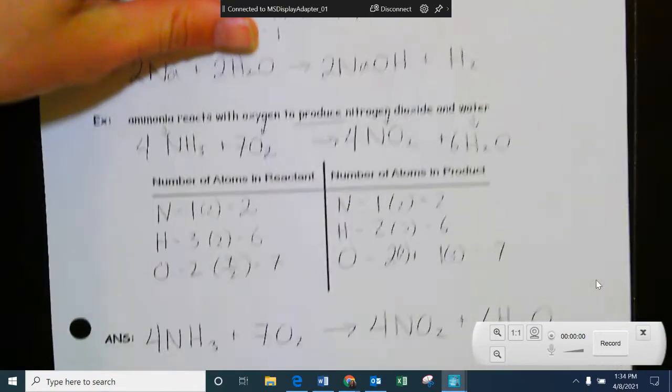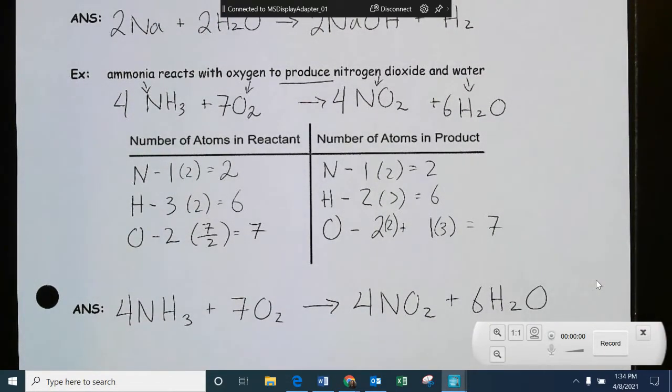I will put that back up so you can copy it down. Okay, can I go to the next page?